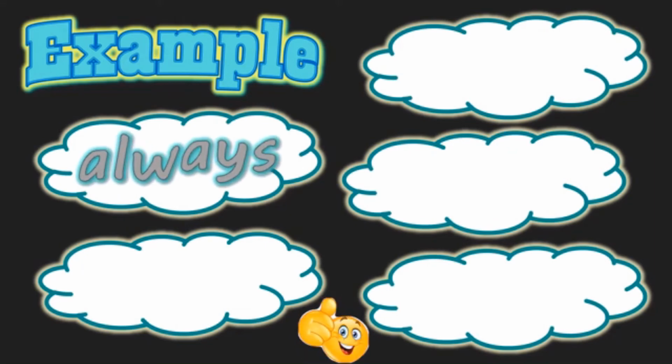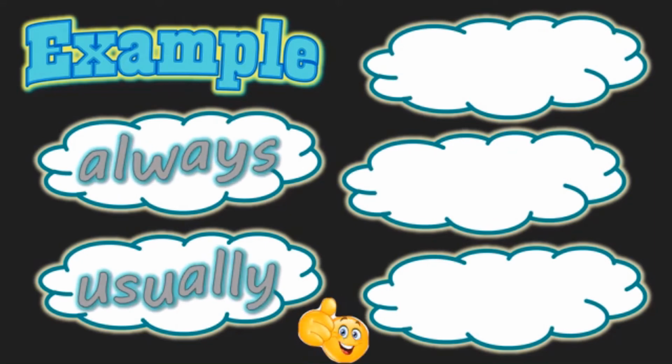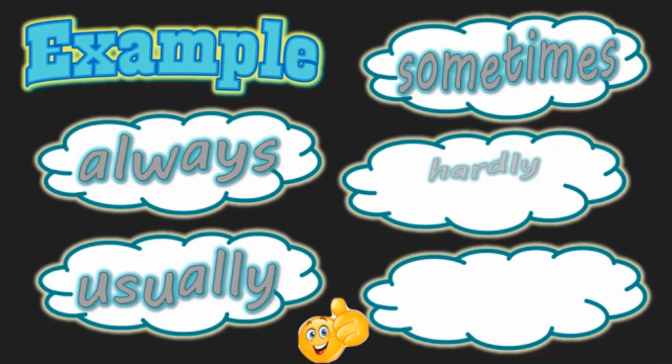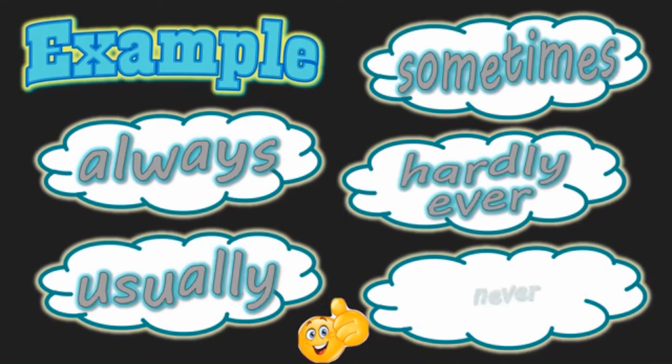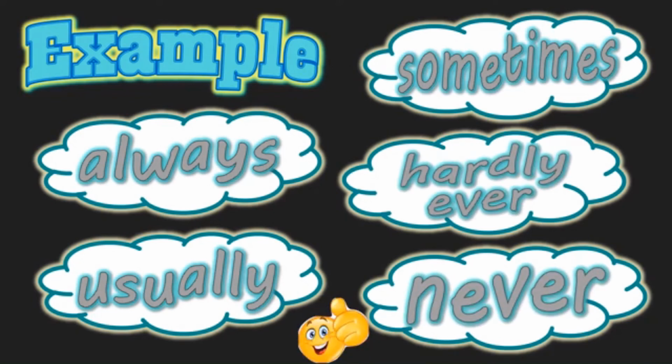We have always, usually, sometimes, hardly ever, and never. So these are the 5 common adverbs of frequency that we use in our sentences.